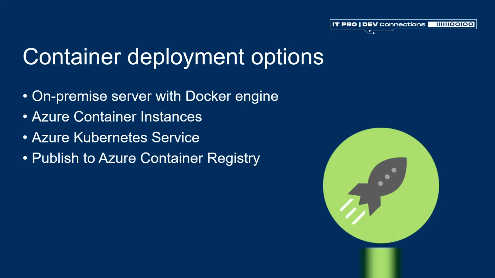But if you ever decide to change, or the requirements need a different environment, you can always use Azure Container Instances, the Azure Kubernetes Service, or you can publish it to the Azure Container Registry and have it either public or private, depending on your needs.